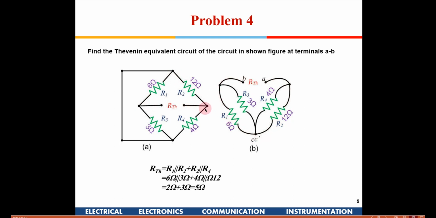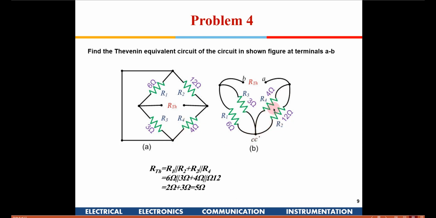Similarly from A there is a 4 ohm, 3 ohm and it is coming to B. And also the junction of 6 and 12 and 3 and 4, they are shorted.